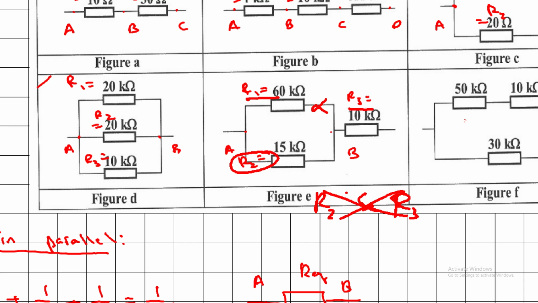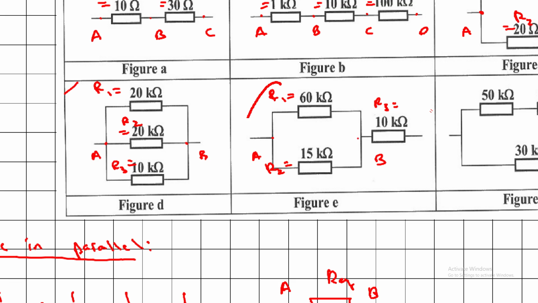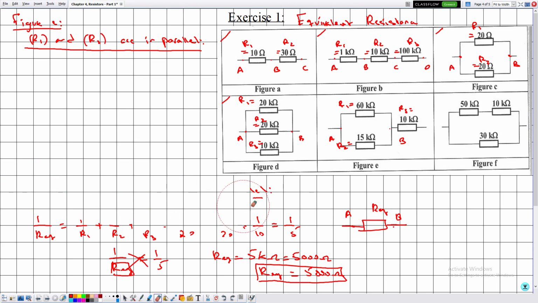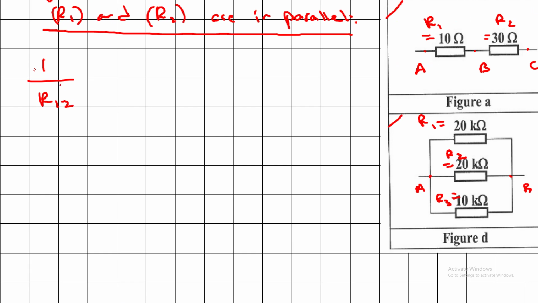So in order to calculate the grouping, first we will determine the equivalent resistance corresponding to R1 and R2 because they are in parallel. Then in this case, 1 over R12, what is R12?